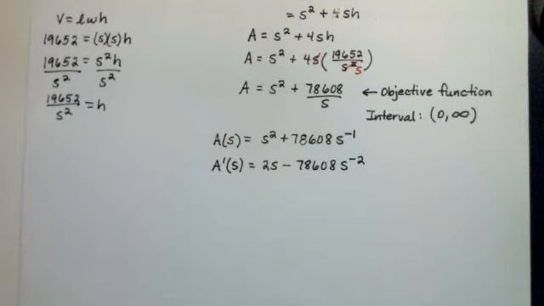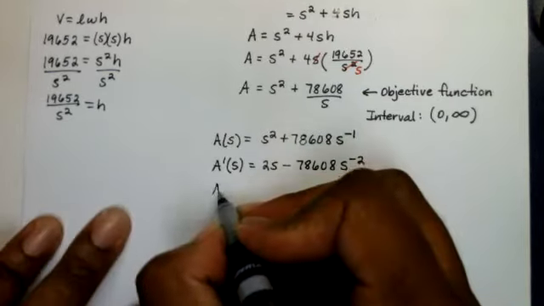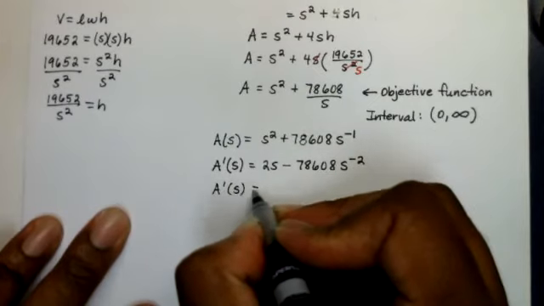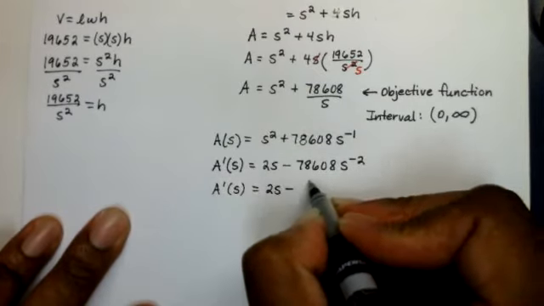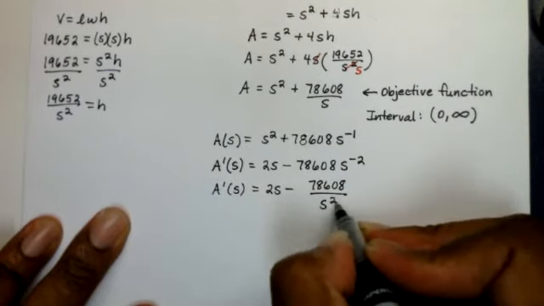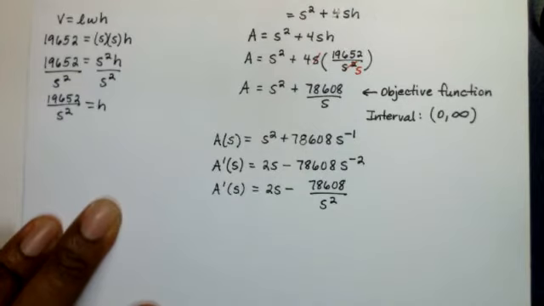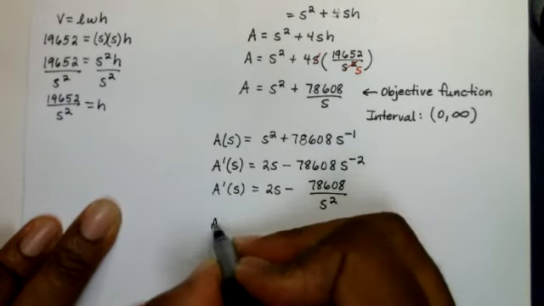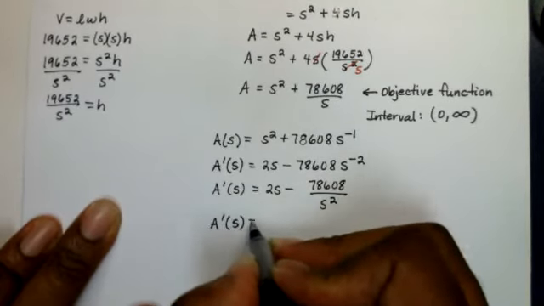I'll rewrite this as A prime of S is equal to 2S minus 78,608 over S squared. And then set this A prime of S equal to 0.